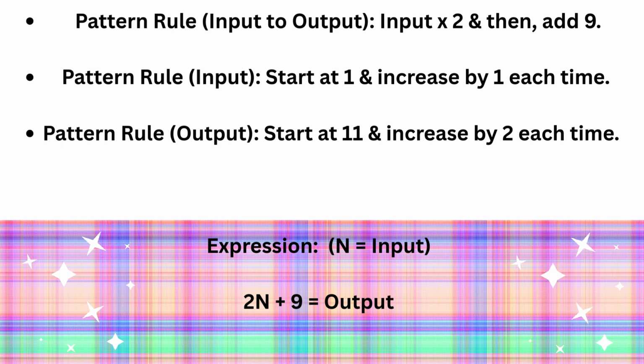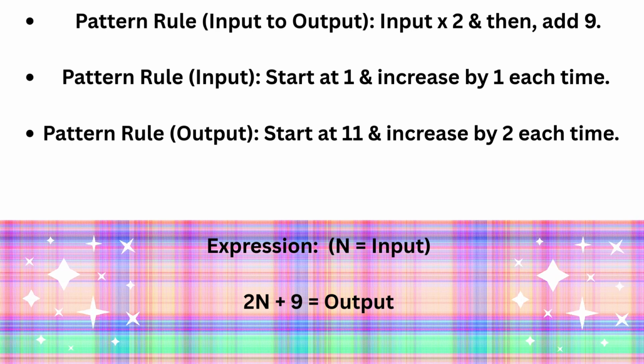Looking at this pattern, we can identify several pattern rules. We can look at the pattern rule for the input, showing that it starts at 1 and increases by 1 each time. The pattern rule for the output, where it starts at 11 and increases by 2 each time. And of course, the pattern rule that relates the input to the output.